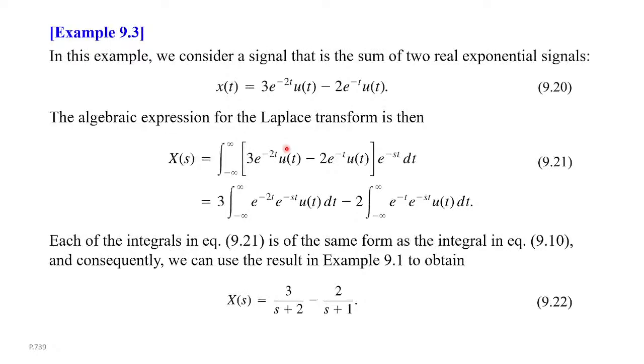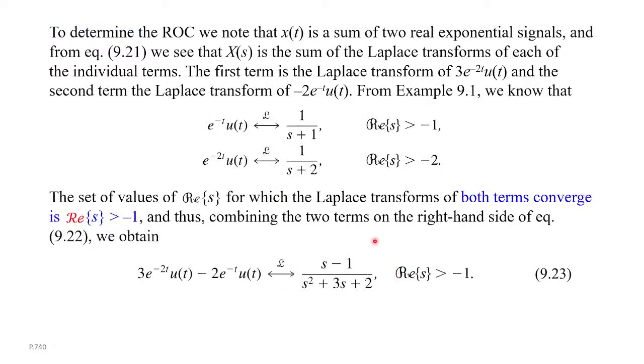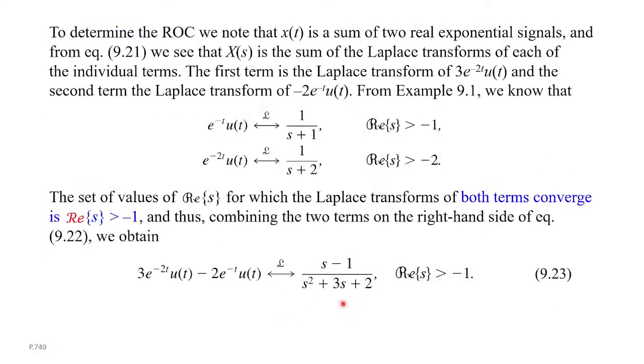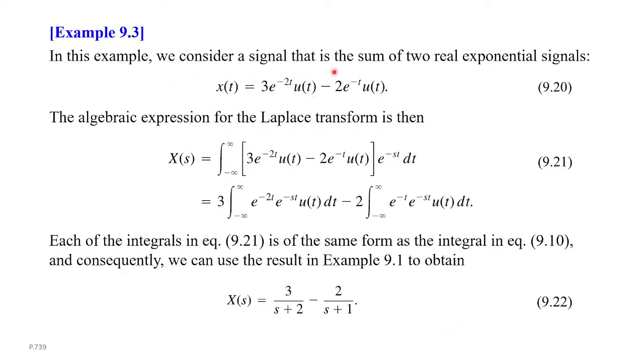Your Laplace transform is this thing, with region of convergence on the smaller one, which is real part of s bigger than -1. And for reasons we're going to see later, we also want to do the cross multiplication out of this thing and write it in this rational form. You can also write this in rational form, just multiply things out. And so that's the Laplace transform of this linear combination of exponentials.